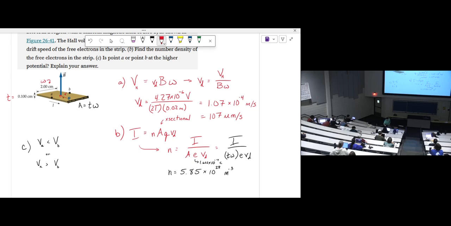So if I take v, my middle finger aligns to v going into the screen, crossed into B, I get a force to the right, but electrons have negative charge.